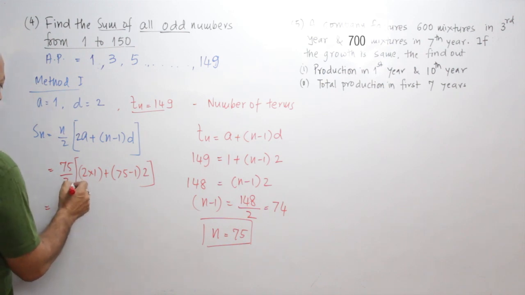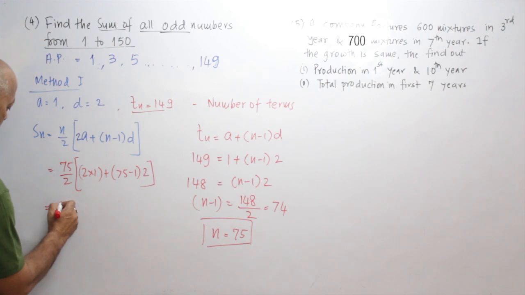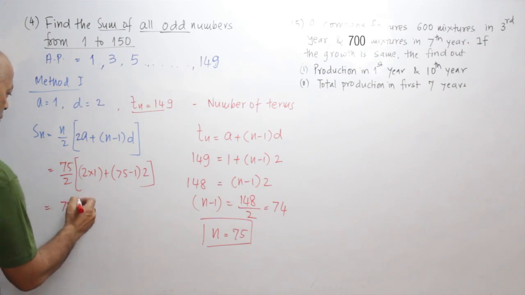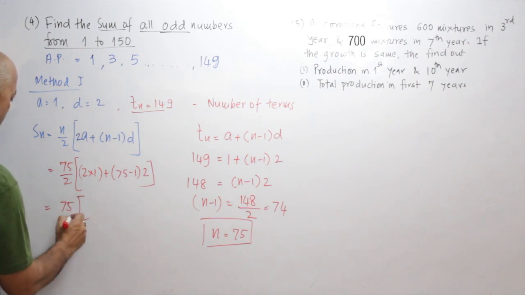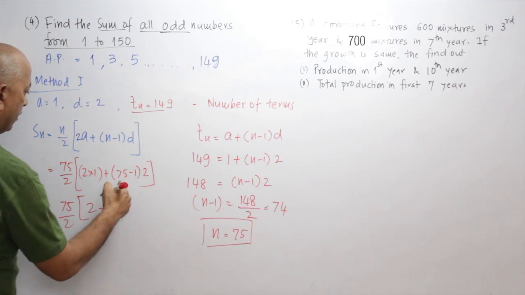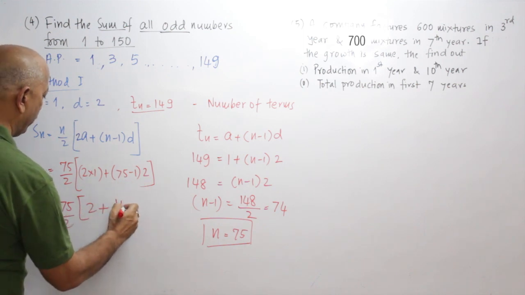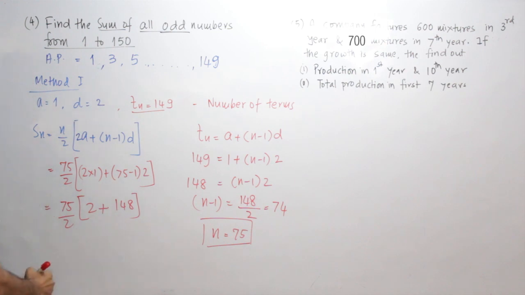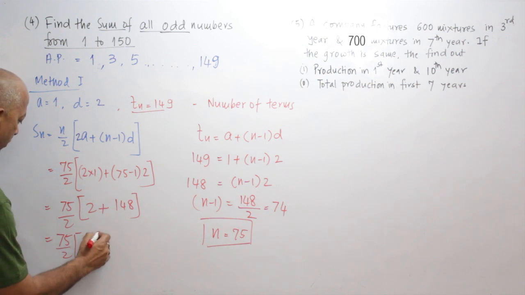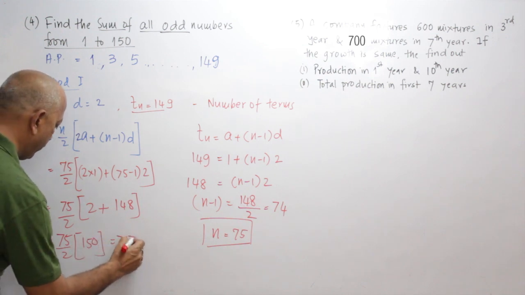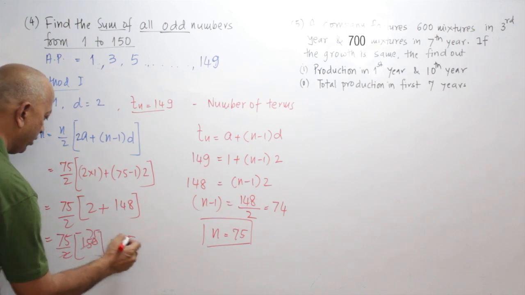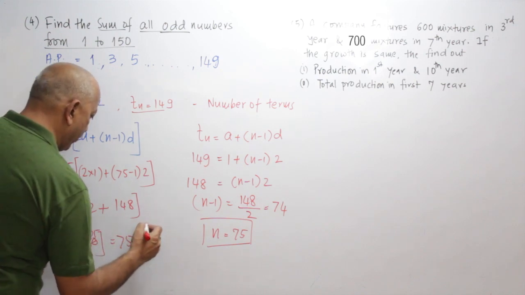So 75 divided by 2, 2 plus 74 into 2, 148. So 75 divided by 2, and this is 150. So this is equal to 75 into 75.